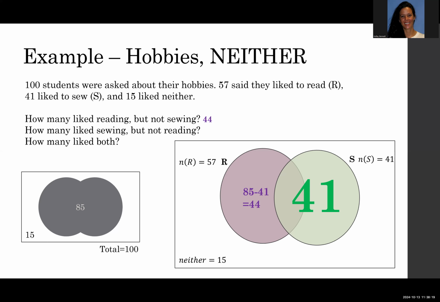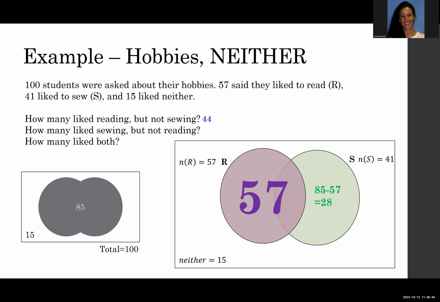I can do the exact same thing to answer the second question, how many liked sewing but not reading? So how that looks is kind of a flip. We know that the totality of R is 57. The cardinality of set R is 57. The union together is 85. So 57 plus something has to give me 85.